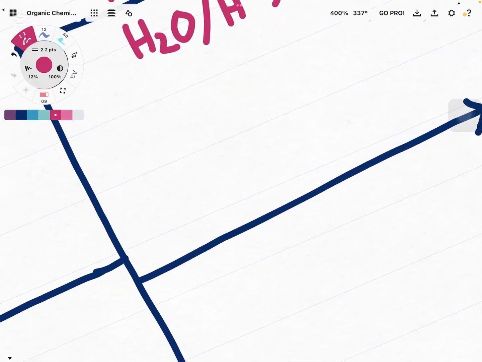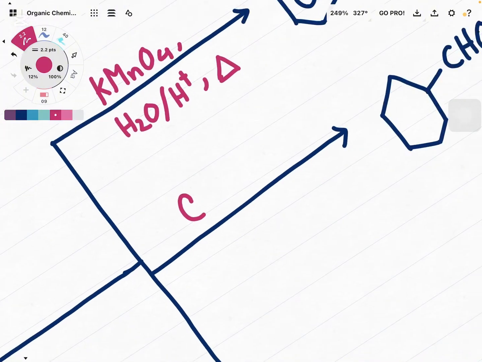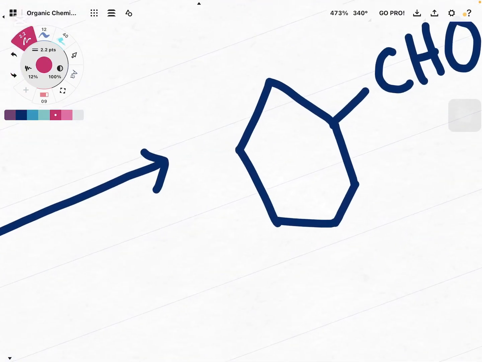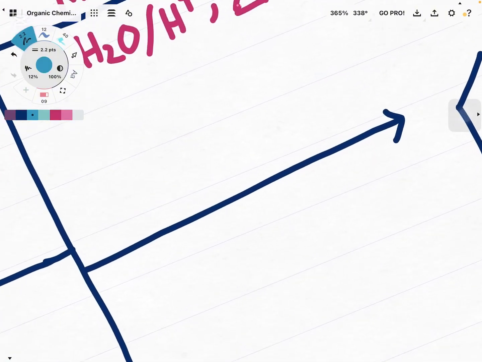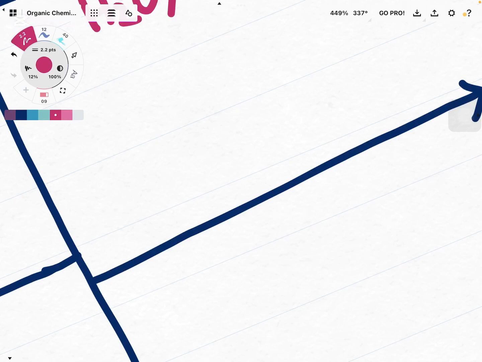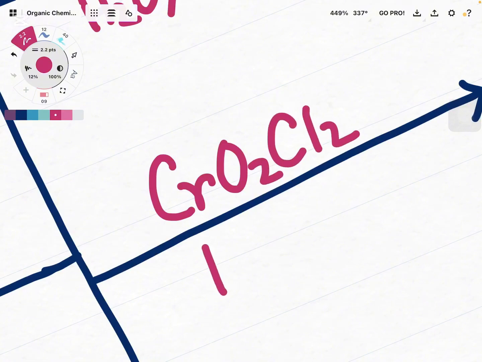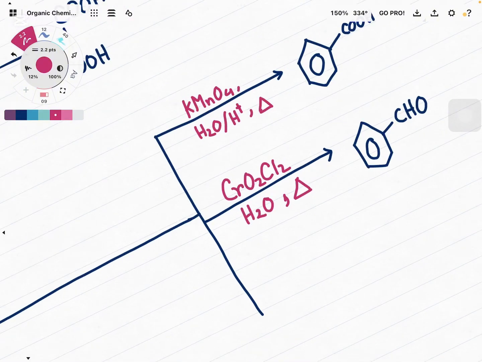I haven't put the ring here, sorry for that. The catalysts are CrO2Cl2 and water with heat. That's it.